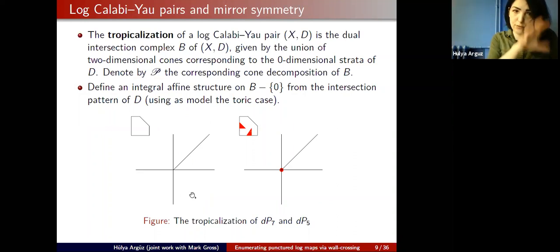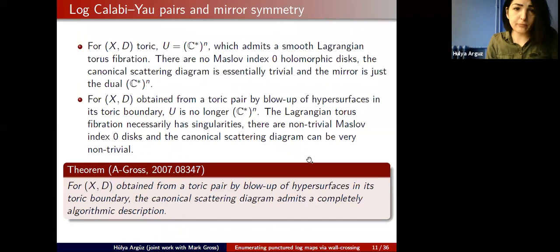You can associate to each of these two-dimensional cones of B, as you see in this figure, Spec C[x, y] and so on, and then you patch them together. When you have the right-hand figure, you again have some affine charts, and you want to patch them together, but non-trivially. There will be on each of these rays some wall crossing functions telling you how you're gluing together all these monomials and building an algebraic variety at the end of the day, if everything is consistently glued.